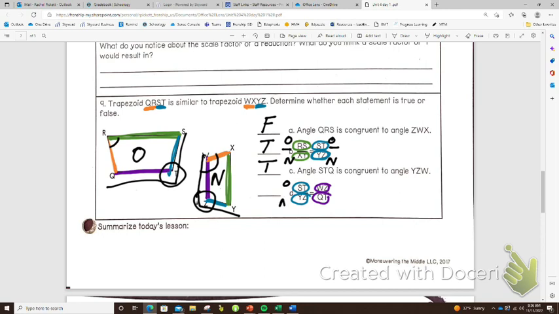YZ is on the new trapezoid. WZ, that was on the new trapezoid, and QT was on the original. Well, we cannot have these two being opposite. If original goes on top on the first ratio, then it has to go on top on the second ratio, and because that's not the case, this is a false statement.